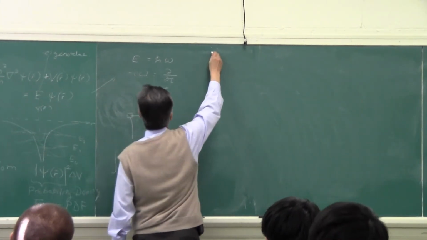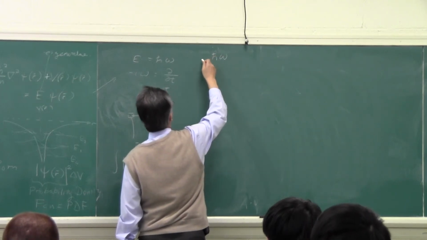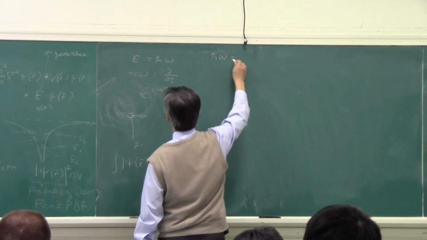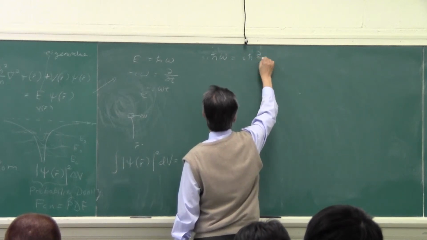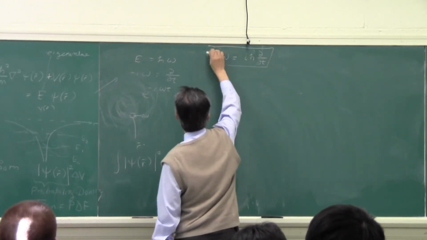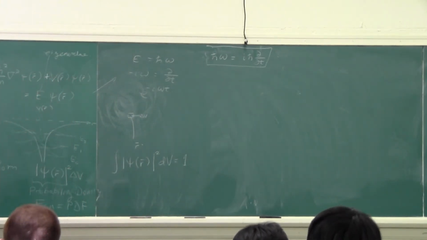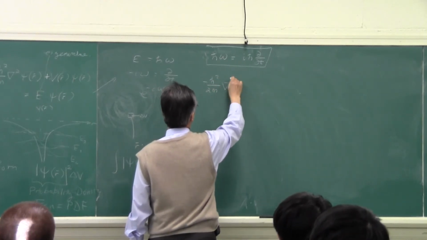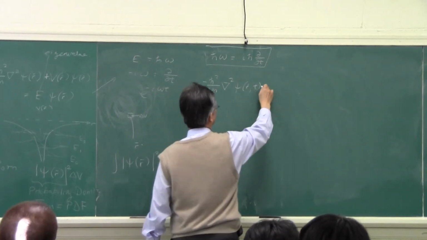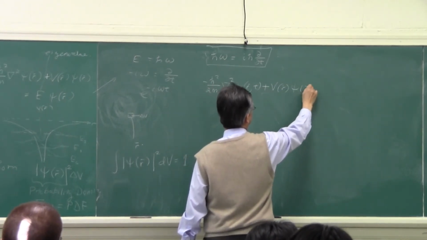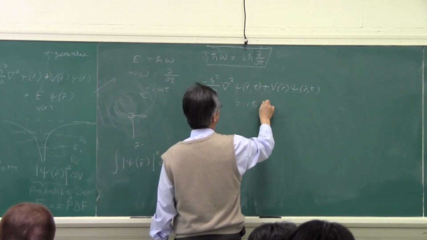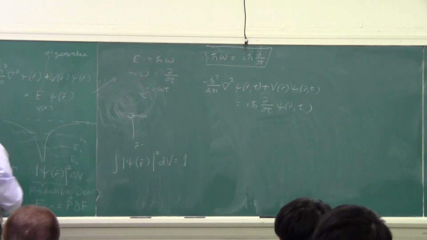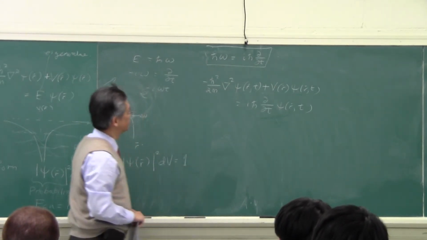So h bar omega can be written as i h bar partial t, and you can also derive a time-dependent Schrodinger equation, minus h bar squared over 2m Laplacian of psi of r,t plus V of r psi of r,t equal to i h bar partial t of psi of r,t, where we've just replaced this quantity here with h bar omega.